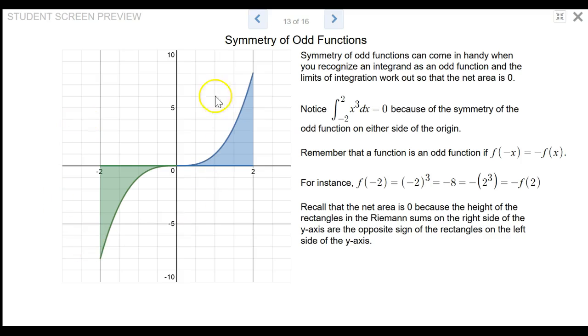So this definite integral was going to have a net area of 0. So if you can recognize that the integrand is an odd function, and your limits of integration are right so that you have that symmetry, so that the net area is 0, then you can quickly identify the definite integral as 0.